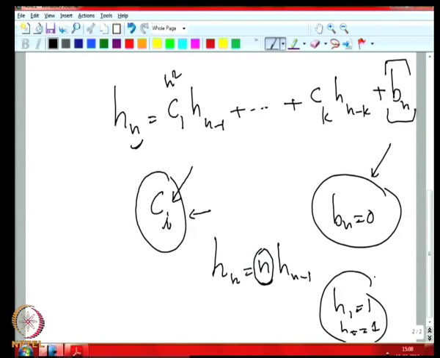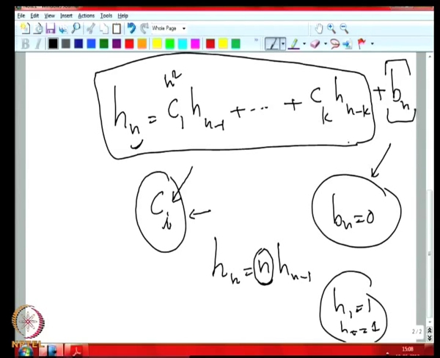Also note that this relation can only be true for n greater than or equal to k, because we are using k previous terms. So there should be the n minus kth term available. For n equal to k, k minus k will be 0, so we are starting from h 0.